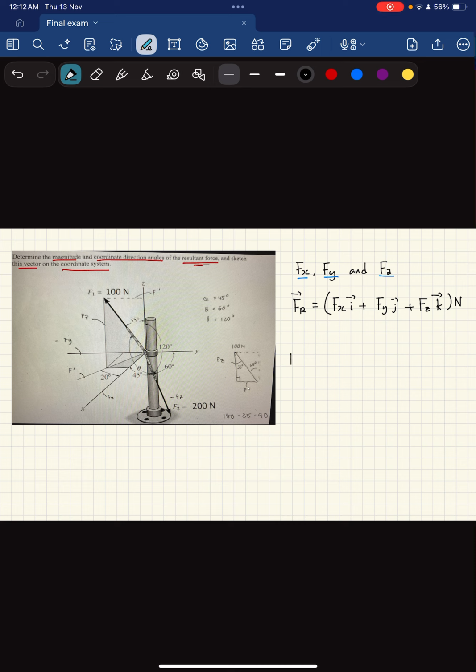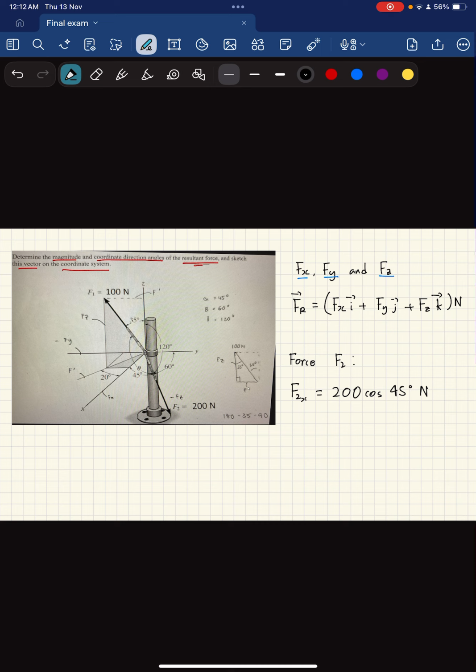Let's start with force 2. Let me just write force F2, I think it'll be easier for you to understand. So force F2, if you want to break it to its x component, it's quite simply 200 cosine 45 degrees Newton.